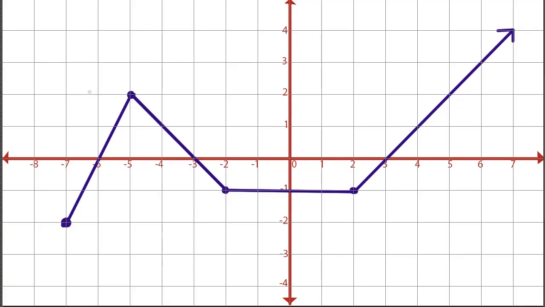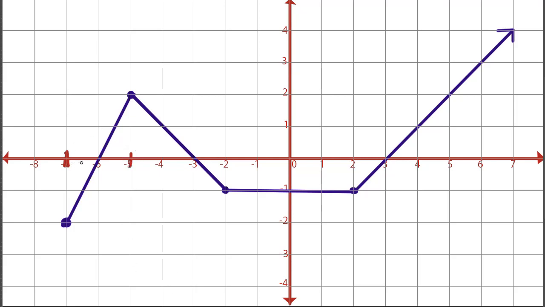Okay, I've drawn a simple graph here and I want to use it to identify the increasing, decreasing, and constant intervals. We'll start with increasing. Remember that to be an increasing interval, the graph has to go up from left to right. So right at the very beginning of the graph, it is going up all the way to this point right up here. It starts going up at x is -7, and it continues to go up all the way until x is -5.